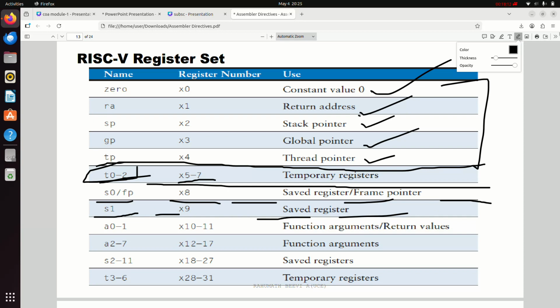So till now we have learned x0, return address, stack pointer, global pointer, thread pointer, then T0 to T2 temporary registers, then S0 or FP, the first saved register, and S1, the second saved register. So till x9 we have reached.